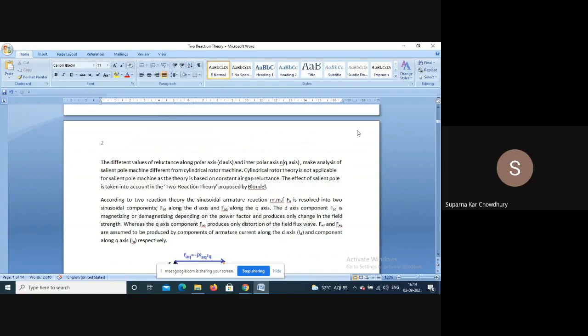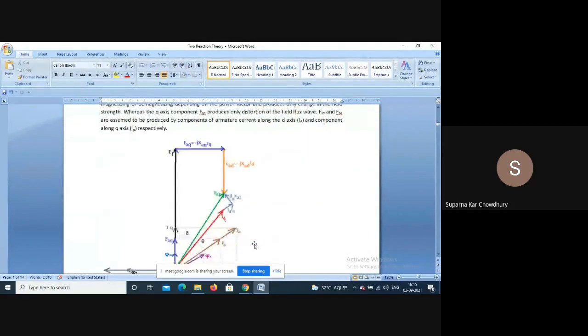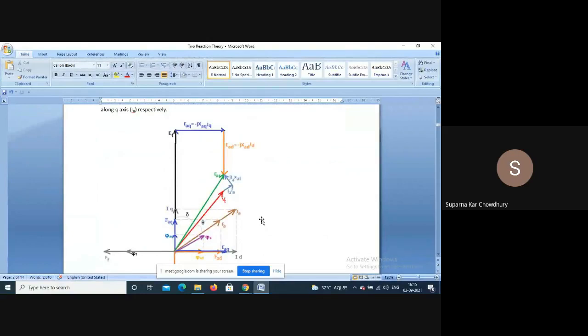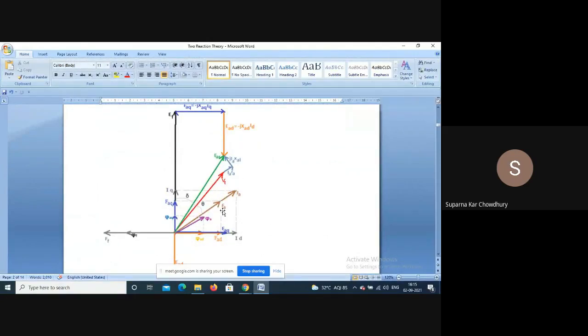What is done? The current IA, or the armature reaction MMF FA, is resolved into two components, one along the direct axis and one along the quadrature axis. That is, we have the current IA.